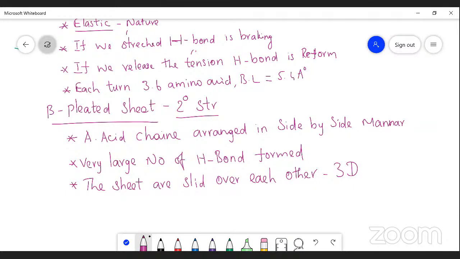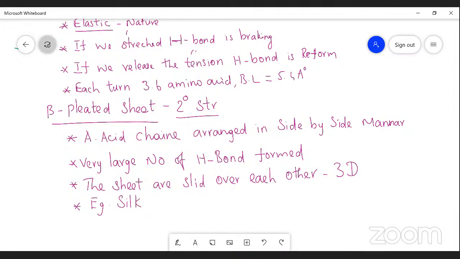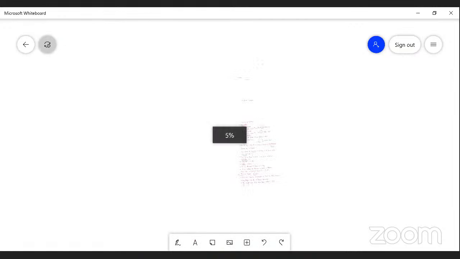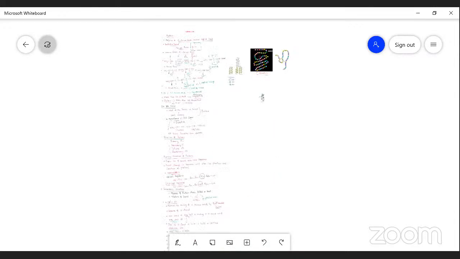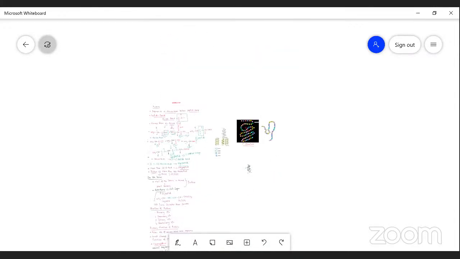And we are taking an example here of the beta pleated structure. That example is silk. So we may take the diagram. This is the beta pleated structure.